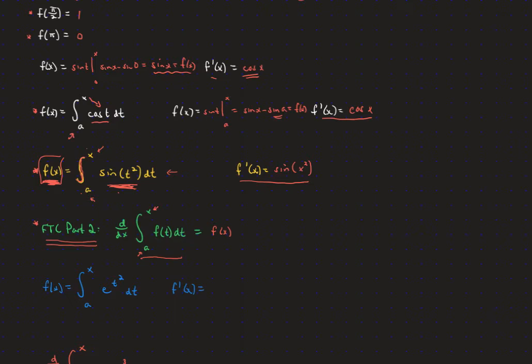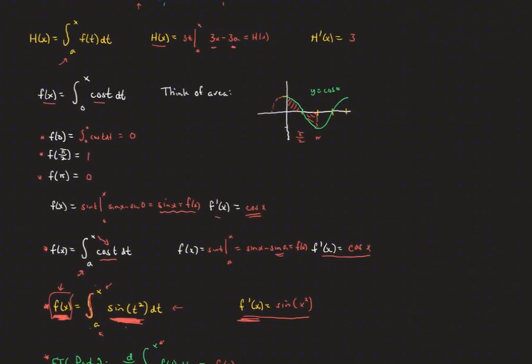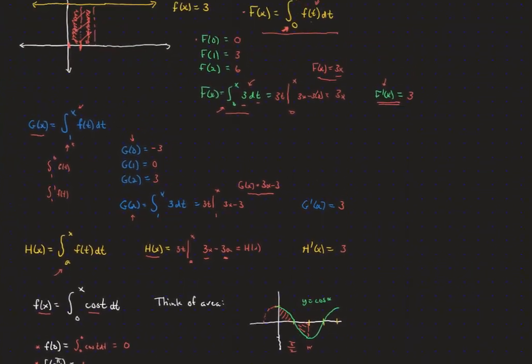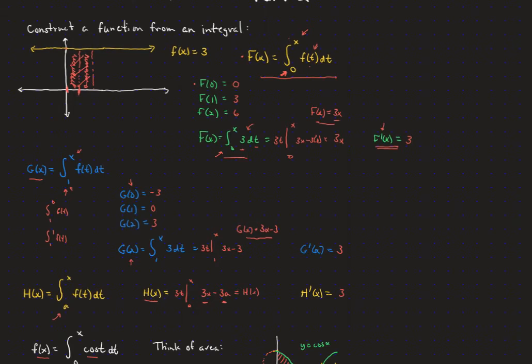We have a new way now of defining a function that even if we can't actually write down what an antiderivative of that is, we can still treat it as a new function, and we still know what its derivative is going to be. If we want to evaluate that, we're going to have to use our calculator and use numerical means of plugging in different numbers for x, kind of like what we did here, where we could make the area argument with how to evaluate these different functions.